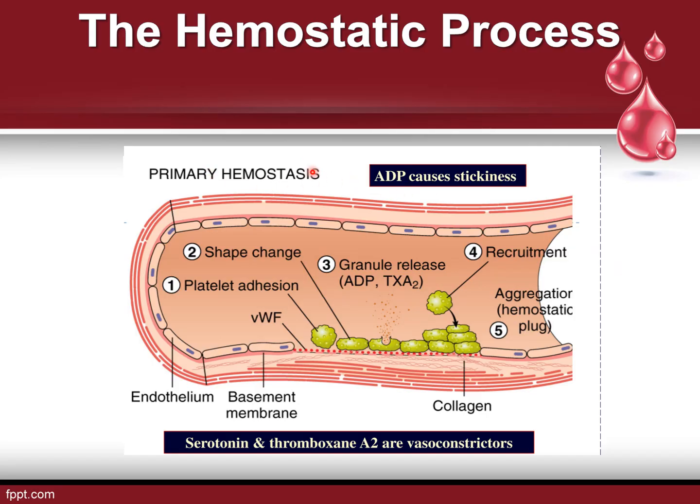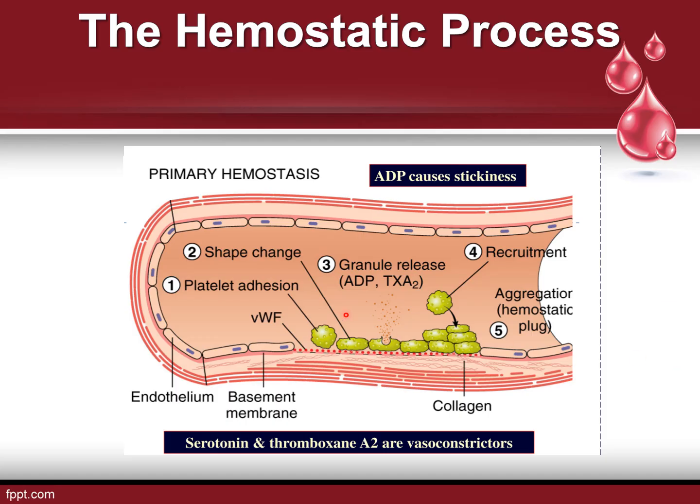Primary hemostasis usually starts when platelets adhere to damaged endothelium to form a platelet plug. Platelets usually play one of the biggest roles in the hemostatic process. When they come across injured endothelial cells, they change shape. They also release granules and ultimately become sticky.